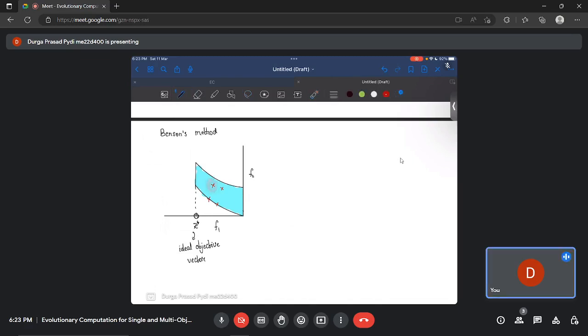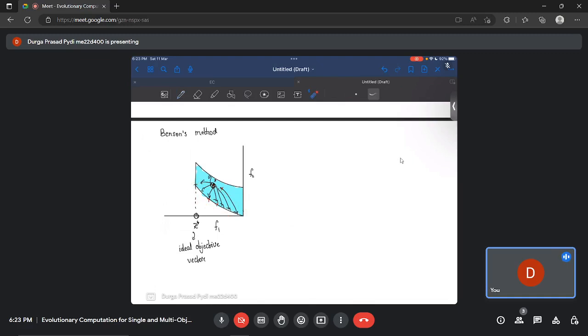I fix this point, and what I try to do is maximize the distance of every point from it. When I maximize the distance, all these points will tend to go towards the boundary. And since your objective function is formulated so that you want to minimize both F1 and F2, they will eventually reach this particular boundary instead of the other boundary.